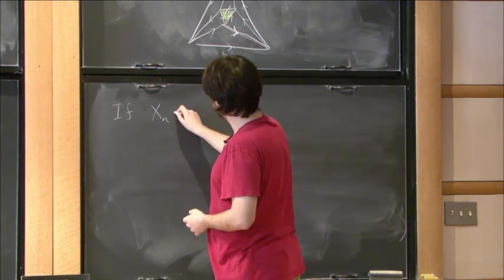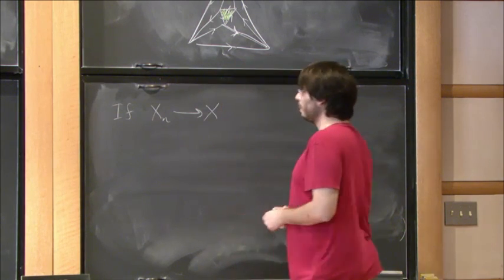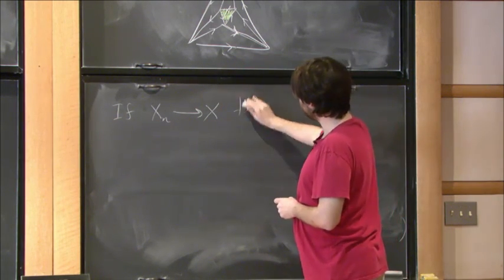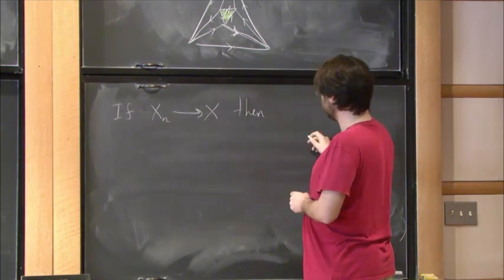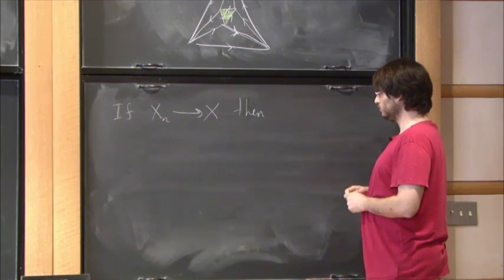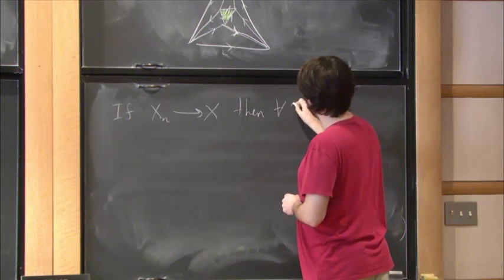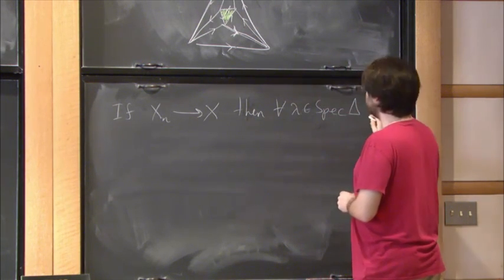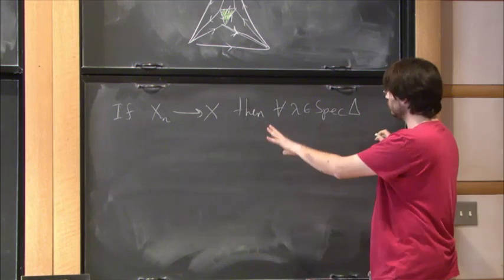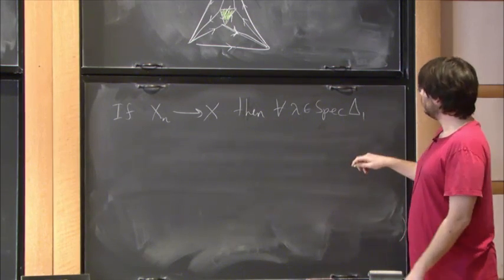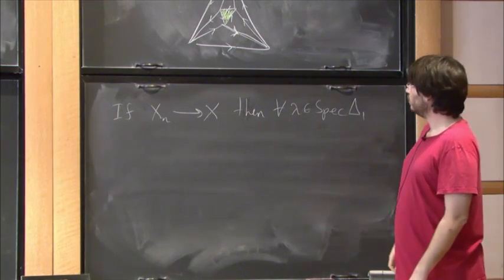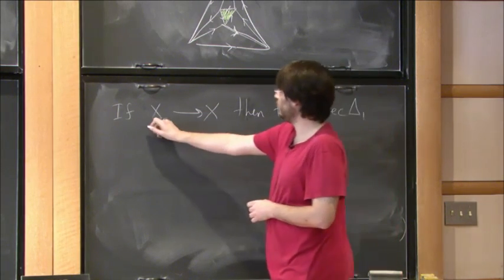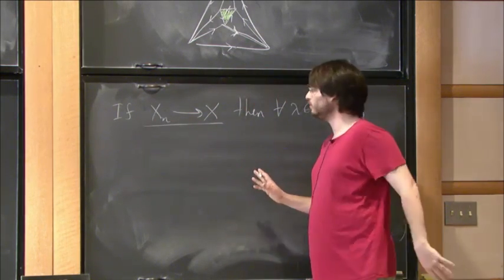What I want to say is this. If a sequence of graphs converges to a graph, then for any value in the spectrum of the Laplacian, okay, let's take triangle complexes. What is convergent?